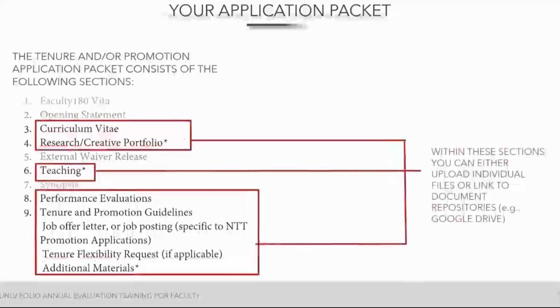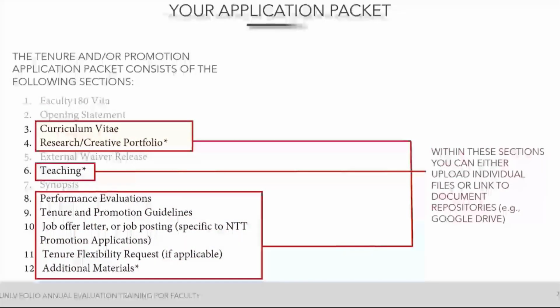And then the remaining sections, the CV, research or creative portfolio, teaching, performance evaluations, tenure and promotion guidelines, job offer letter, tenure flexibility request, and additional materials. Within these sections, you can either upload individual files or link to document repositories like Google Drive. And you'll notice that there are some sections that have an asterisk by them.